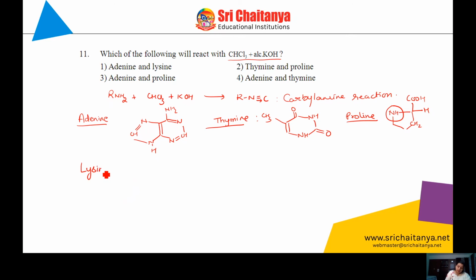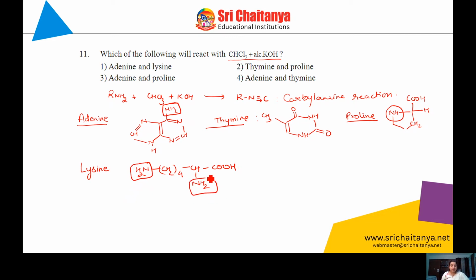Next is lysine. Lysine is NH2, CH2 four times, CH, NH2, COOH. So once I have drawn the structures, you can clearly see that the free primary amino group is available only in adenine and lysine.